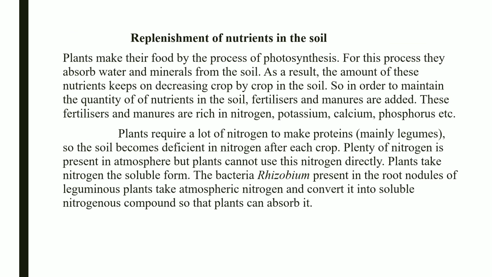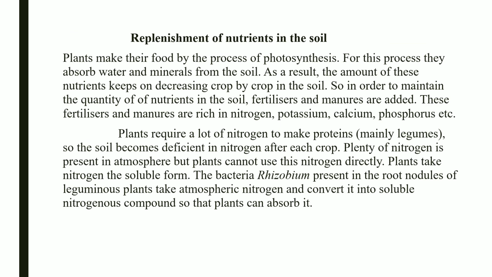So in order to maintain the amount of nutrients in the soil, farmers add fertilizers and manures to the soil. As examples of fertilizers, urea or NPK. NPK means rich in nitrogen, phosphorus, and potassium.